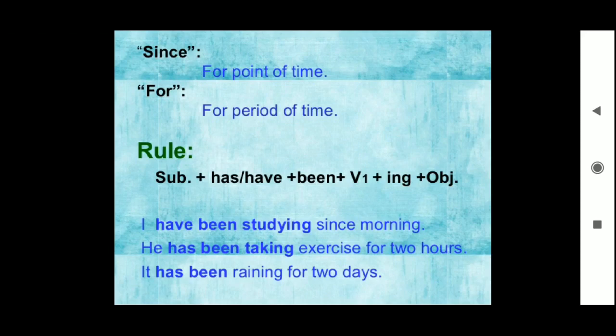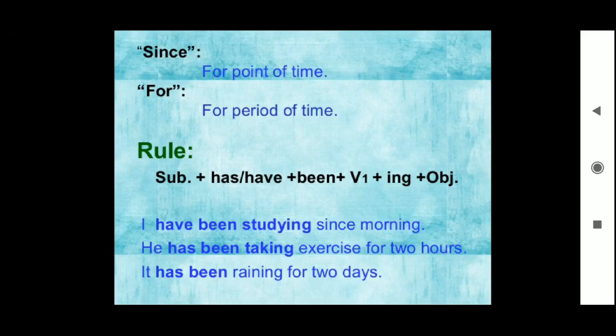I have been. I is plural, that is why have been is applied, and ing form of the verb. Then since for point of time: morning, evening, yesterday, today, they are what? For point of time. That is why we have used since here.